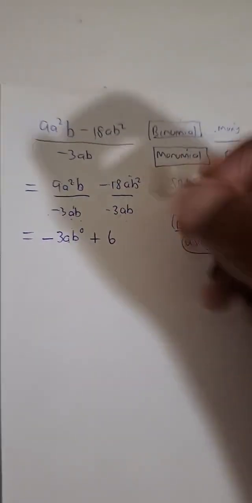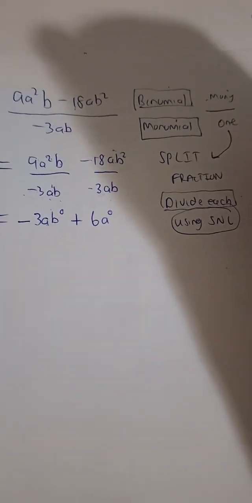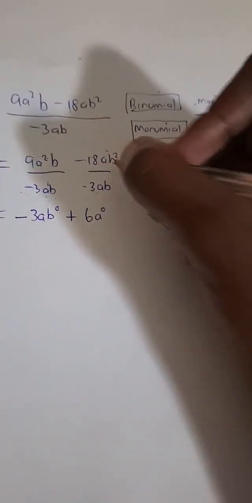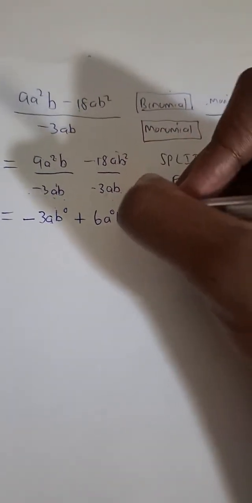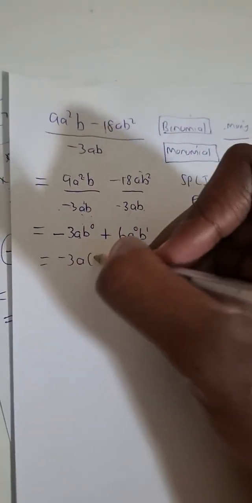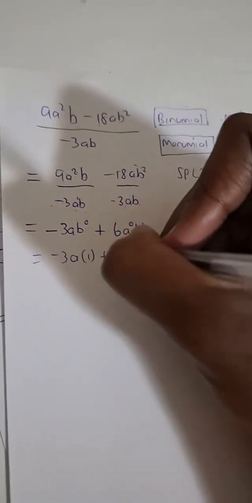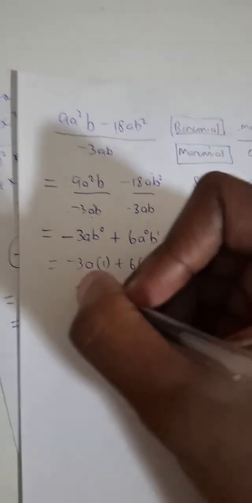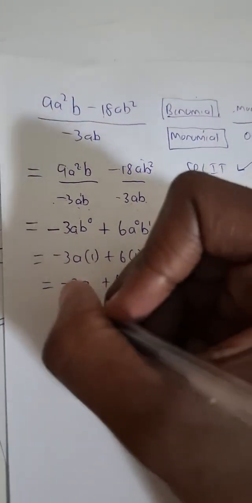A divided by a, keep the base, 1 minus 1, that's 0. And then b squared divided by b, that's b to the power 2 minus 1, you can write b to the power 1. Finally, negative 3a, obviously we know b to the power 0 is 1, plus 6 into 1b. So our final answer is negative 3a plus 6.